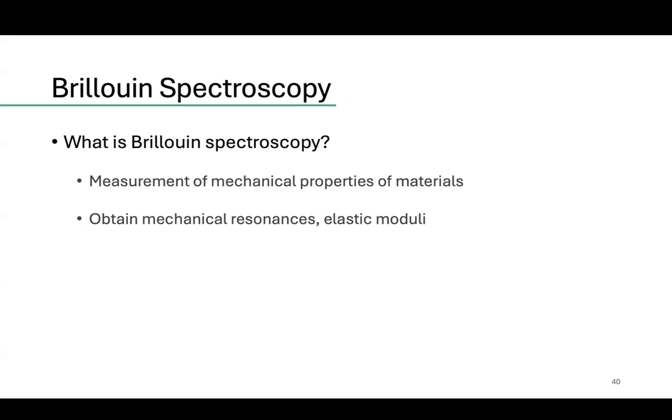Brillouin spectroscopy is a measurement process whereby you can obtain mechanical properties of materials. If you're interacting sound with light, sound is indicative of mechanical properties of the material. We can obtain the mechanical resonances, sound speed, and elastic moduli of materials by employing different scattering techniques.